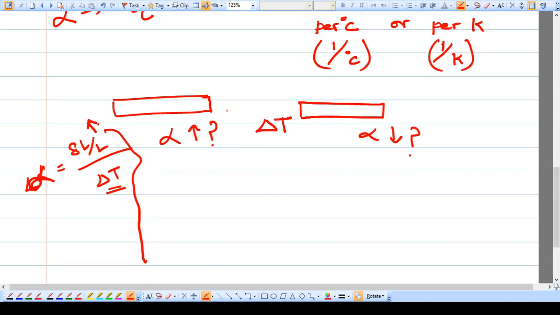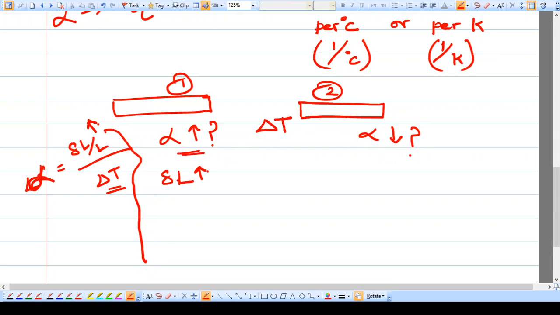If two bodies are considered, 1 and 2, a body with a higher coefficient of thermal expansion will have a larger change in length when compared to a body with a lower coefficient of thermal expansion.